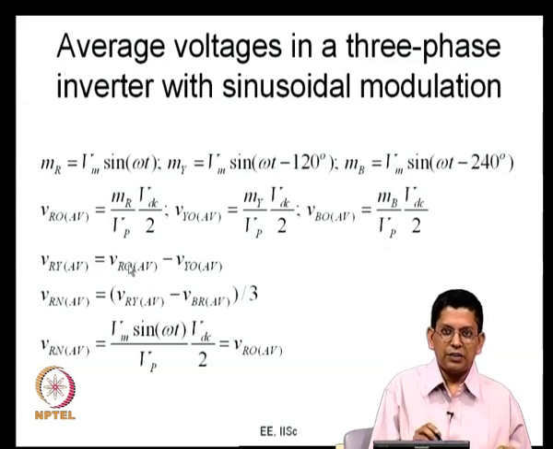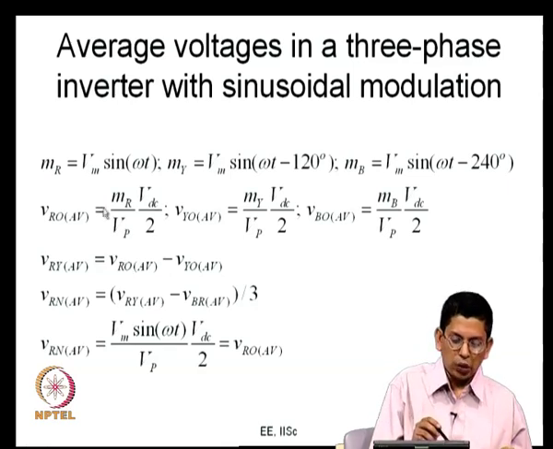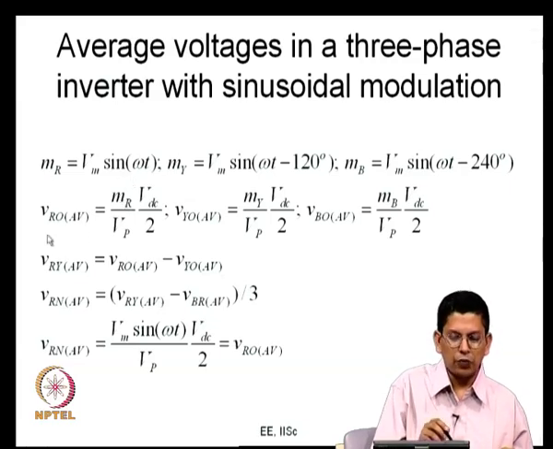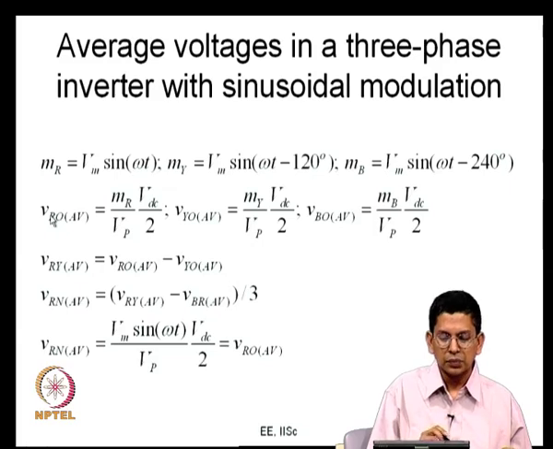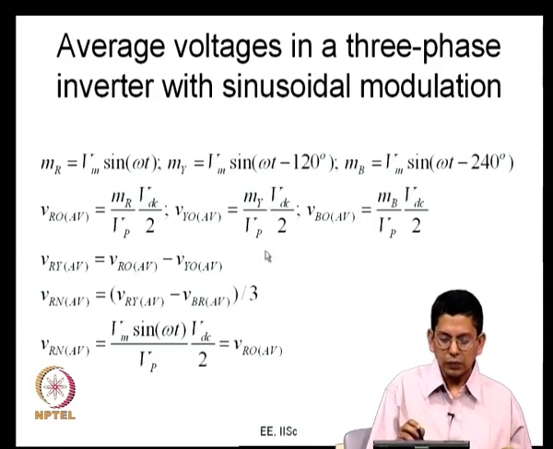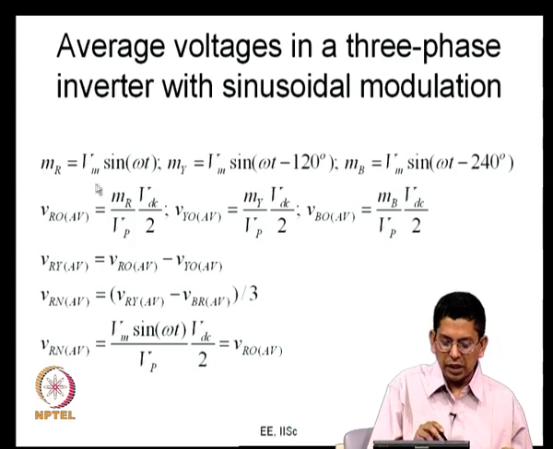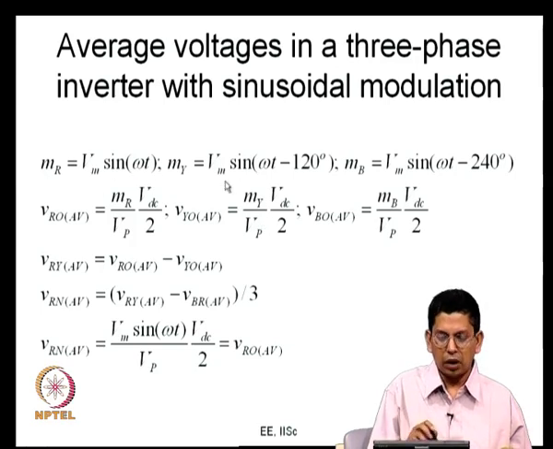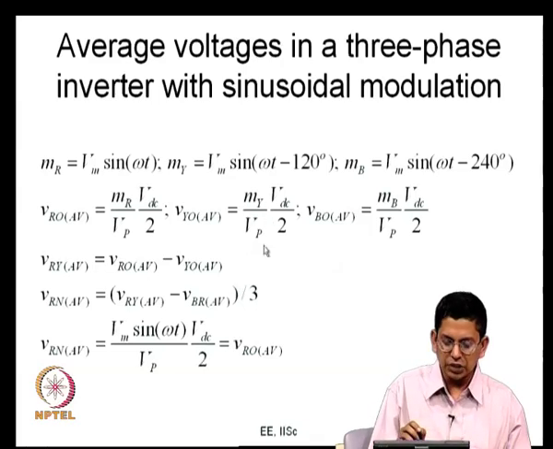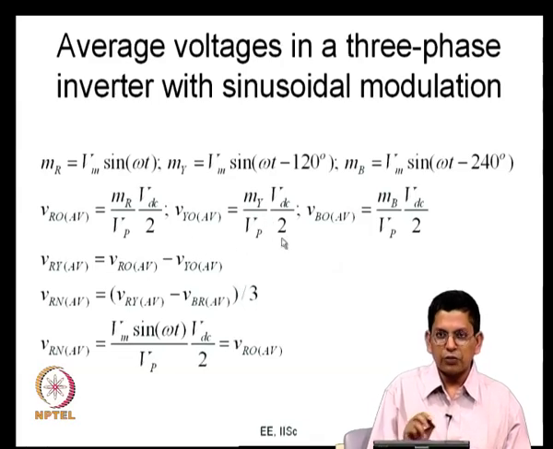On the other hand, we are talking of DC to AC conversion here. So, the voltage at the pole is a sinusoidal quantity. This VRO average is proportional to MR, MR is a sinusoidal quantity, therefore VRO average is a sinusoidal quantity. And what about VYO? VYO is also a sinusoidal quantity and it has the same amplitude as VRO, but it is shifted in phase by 120 degrees.